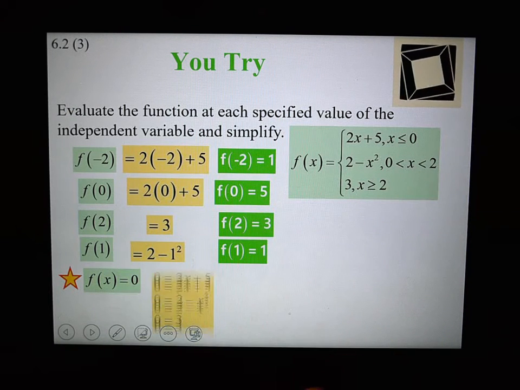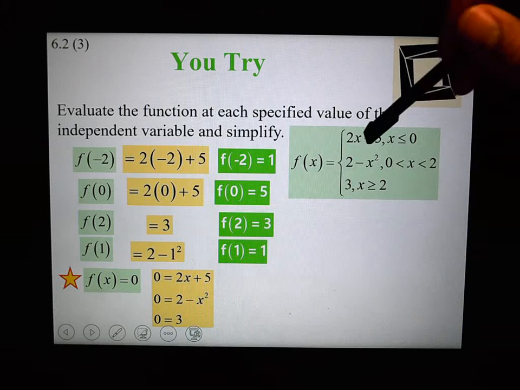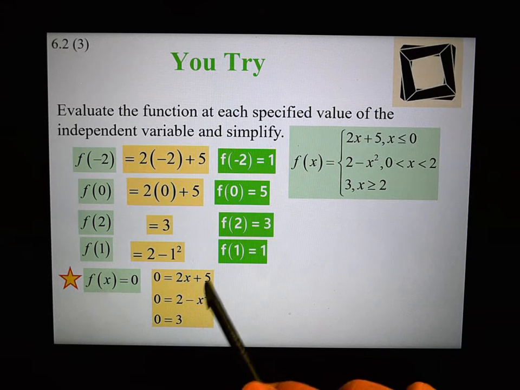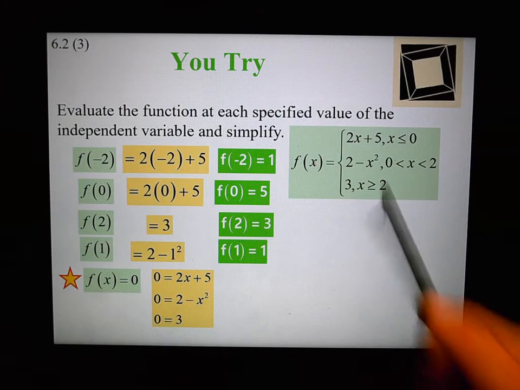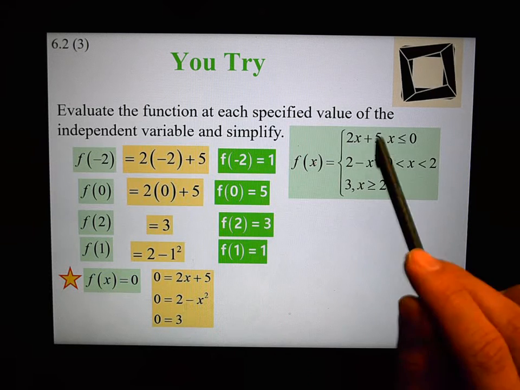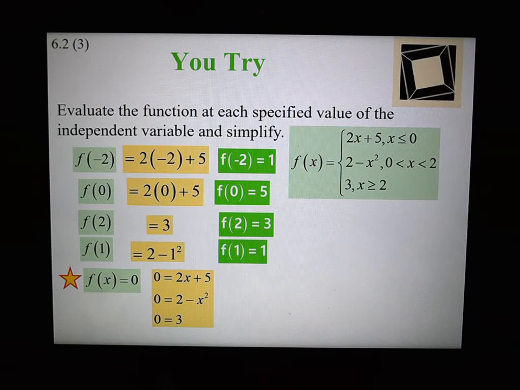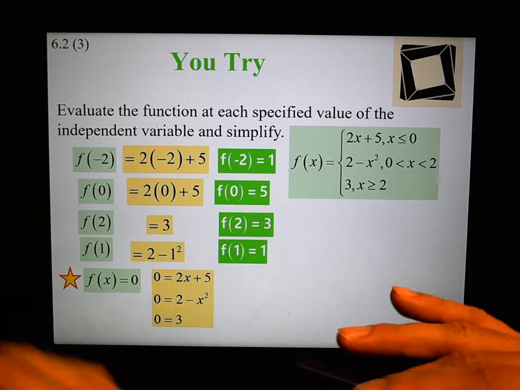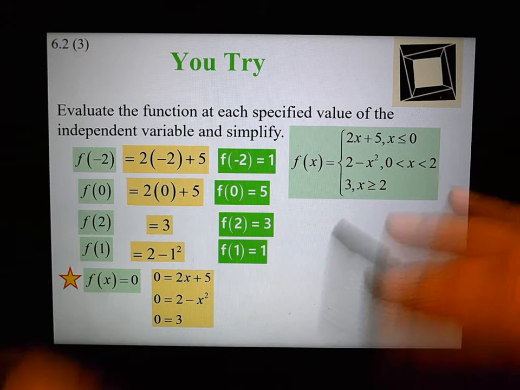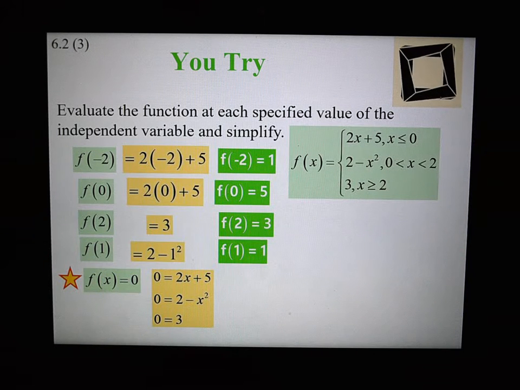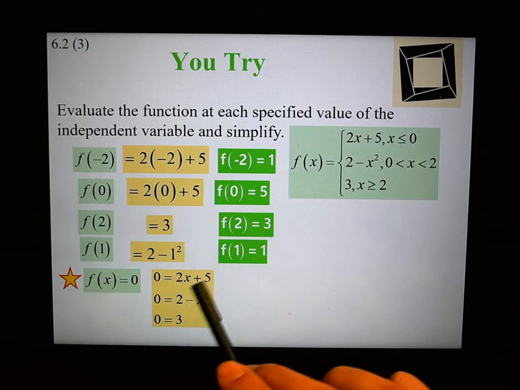When you set this top equal to 0, there's a solution here. When you set the middle equal to 0, there's a solution here. And when you set the bottom equal to 0, there's a solution there. And sometimes not all the solutions are in the domain given. What that means is, can I figure out what this is?